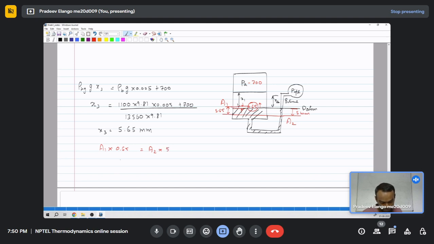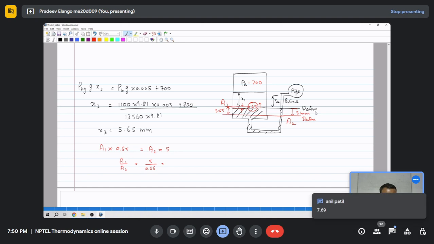Now we can calculate the area ratio, which is A1 by A2, is 5 by 0.65. Answer is 7.6.